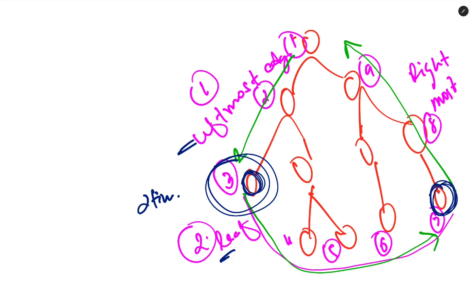Similarly, this node is a leaf as well, and the last node of the rightmost also. So I don't want to repeat this two times in my answer. So how can I make sure that this node I don't include two times?